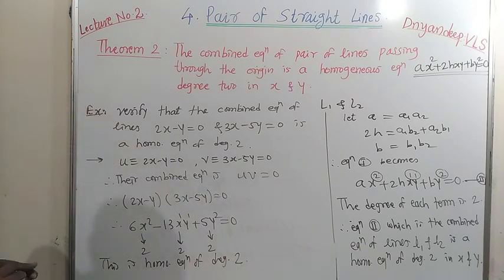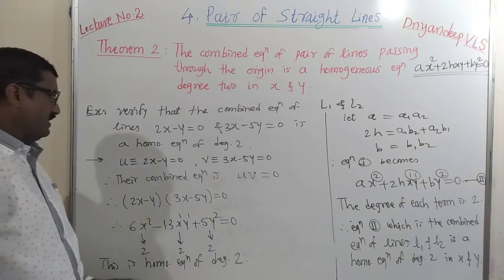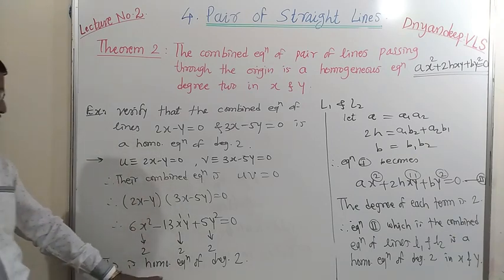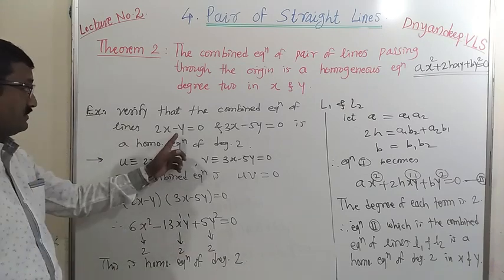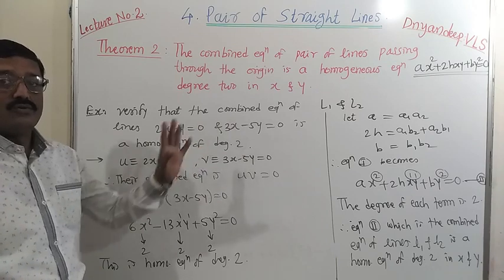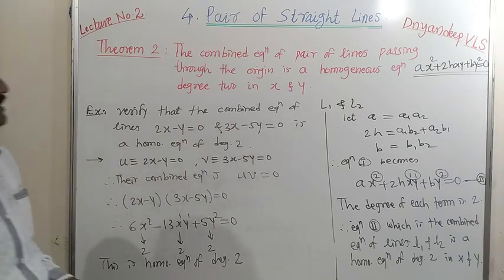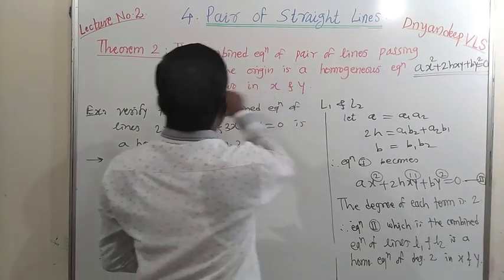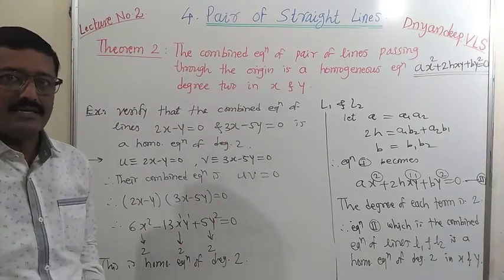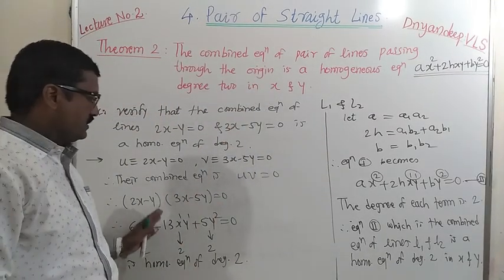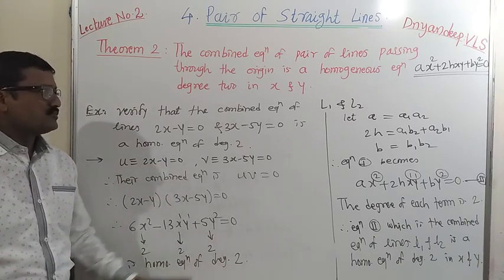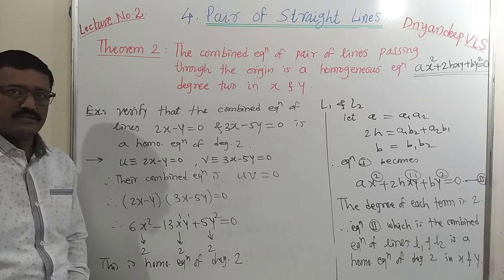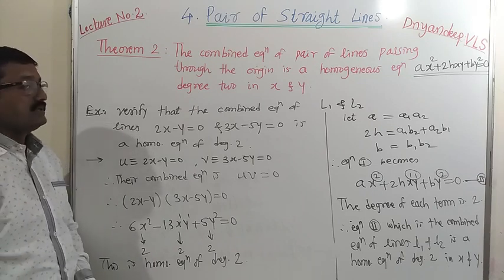Okay, so it's a very simple example to find the combined equation and state the nature of that combined equation, that it's a homogeneous equation of degree 2 if the two lines are passing through origin. Remember the important point, that if a pair of lines passes through origin, then their combined equation is a homogeneous equation of degree 2 in those two variables x and y. Okay, let us see the third theorem.